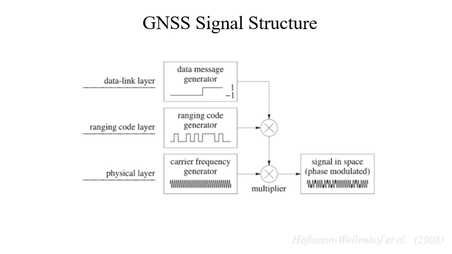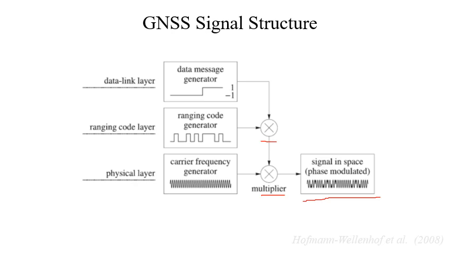by the antennas. The GNSS signal in space is generated by the satellites, whose system electronics produce a signal, and this signal is a modulation of three signals. The modulation is denoted by this specific sign here, and we have three layers.